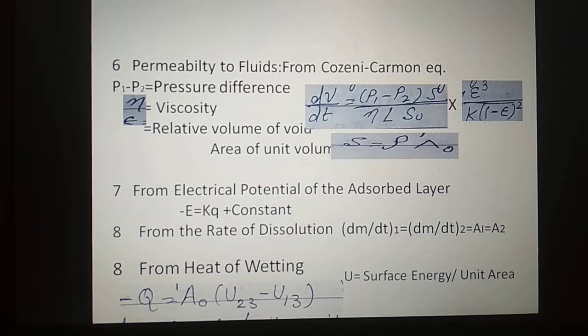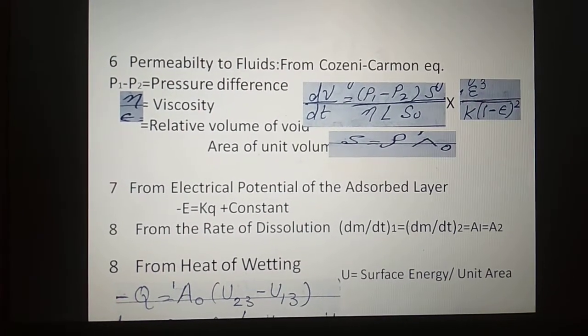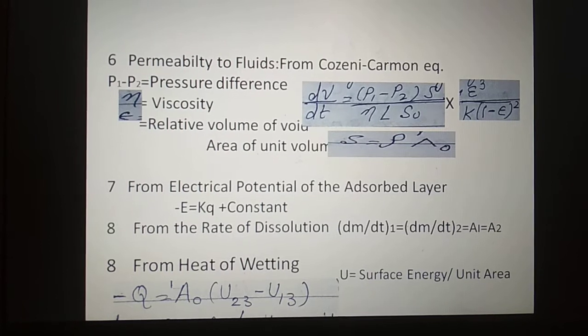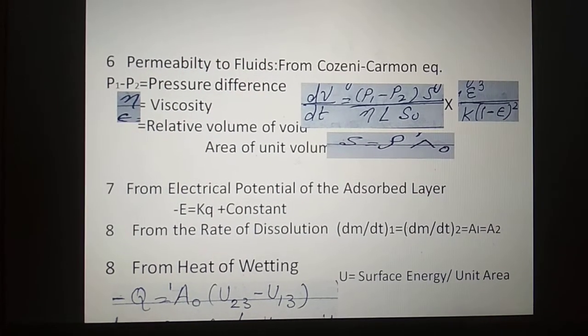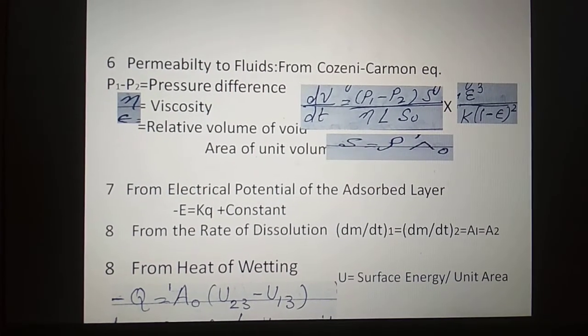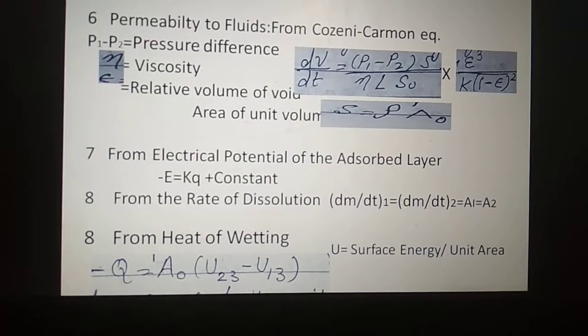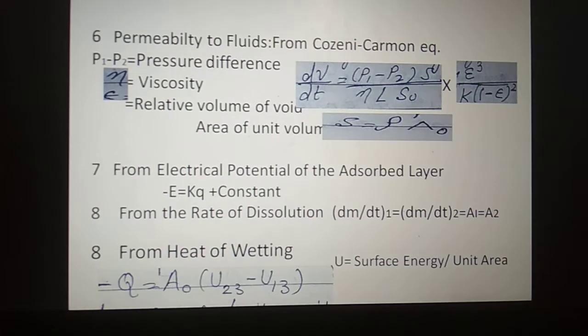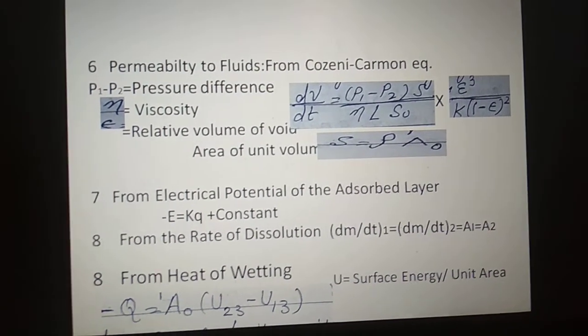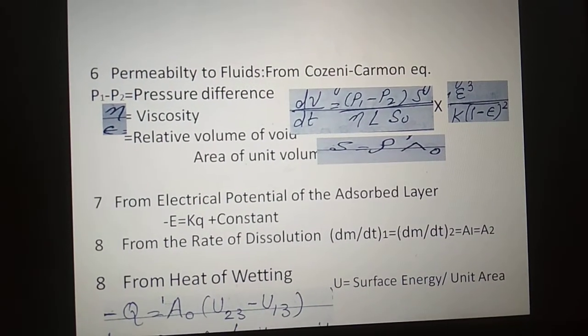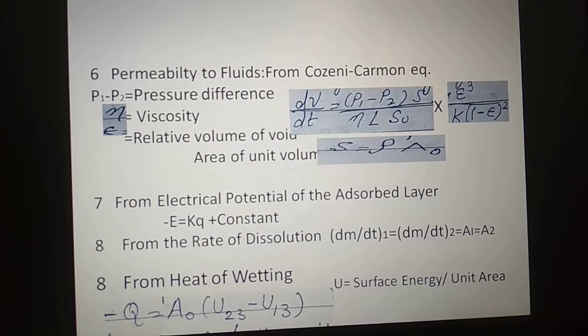P1 minus P2 is the pressure difference, eta is viscosity, epsilon is the relative volume of void. One can measure area of unit volume of the solid phase, S is equal to rho specific conductance. Rho is the density of solid.